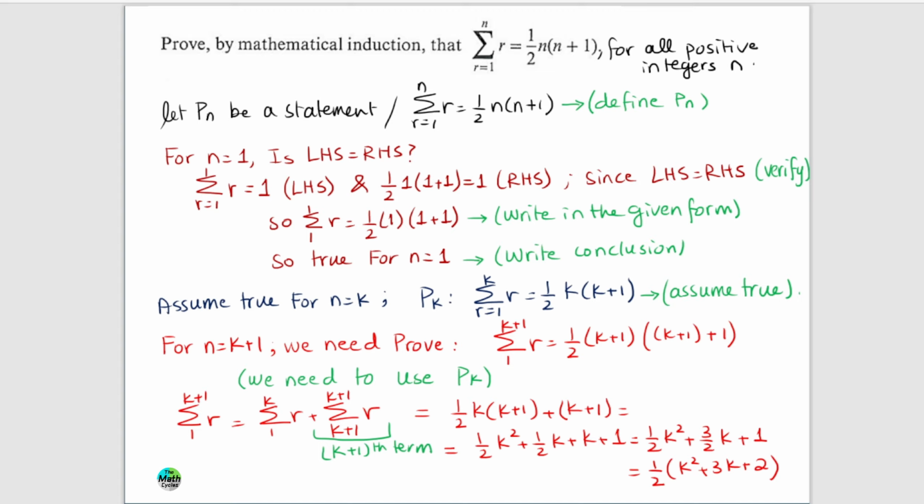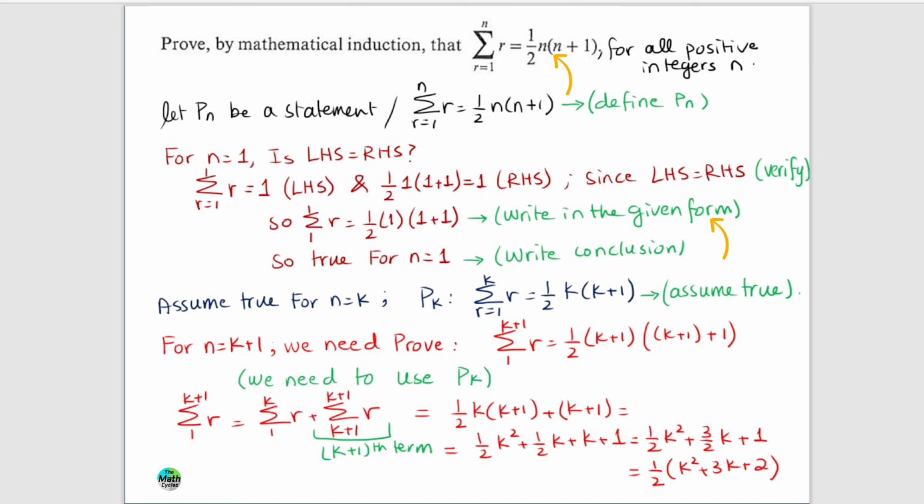So I'm just taking one term here. Now let's check the right-hand side. If you replace n by 1 on the right-hand side, you will get half 1 into 1 plus 1, which is equal to 1 again. Since the left-hand side equals the right-hand side, the summation of r from 1 to 1 equals half 1 times 1 plus 1. Here, it's better to write in the given form without simplifying.